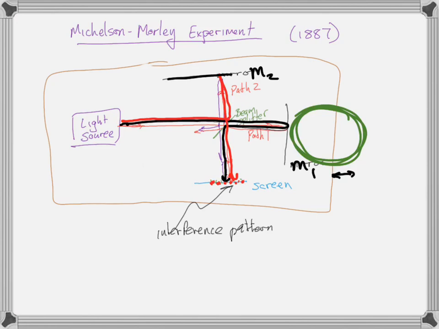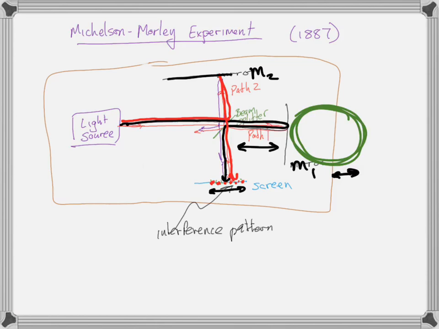And so the change in path will shift the interference pattern on the screen. If I shift mirror M1 back or forth, it's going to change the path length, path 1, and that is going to change the interference pattern on the screen. Let's see how that is sensitive to distance.